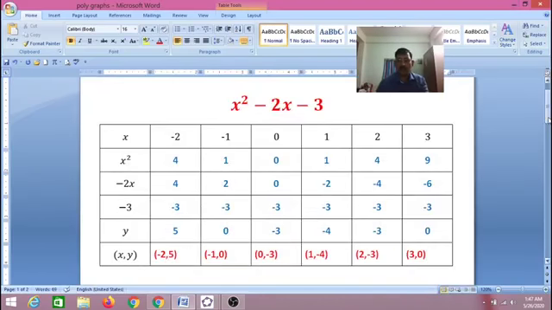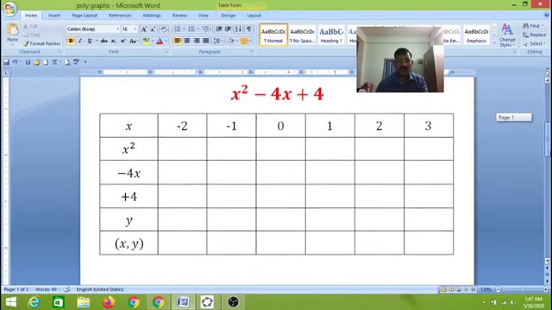Now let us go for the next graph, that is x square minus 4x plus 4. Again, minus 2 whole square is 4, minus 1 whole square is 1, 0 square is 0, 1 square is 1, 2 square is 4, and 3 square is 9.